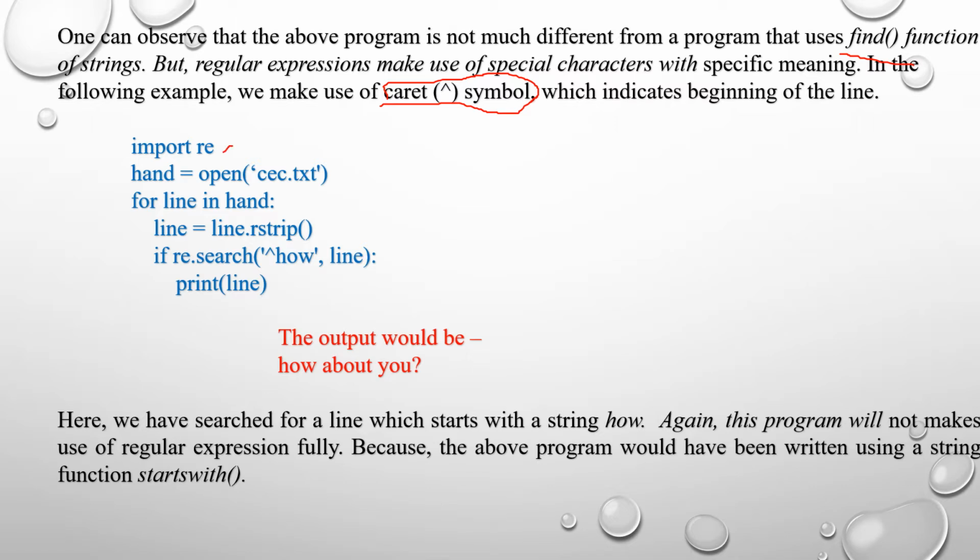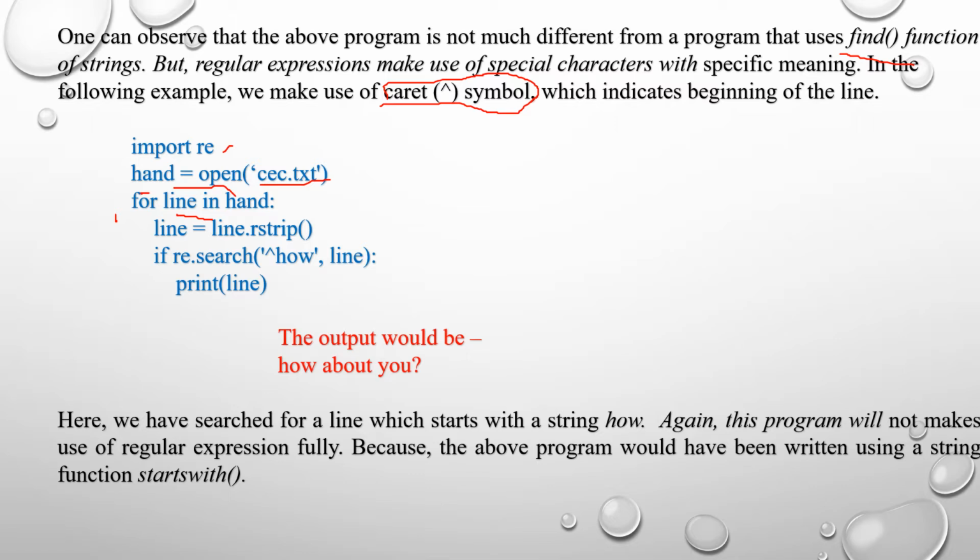Here I am importing the regular expression module. Here I am opening the file, and the file name is cec.txt. Here I declare the loop with the loop variable line in f, where f is my file.